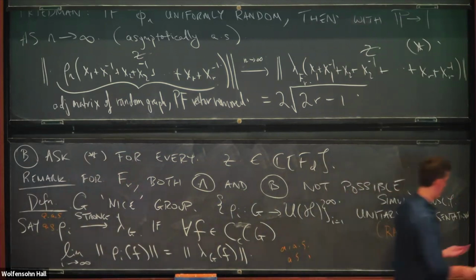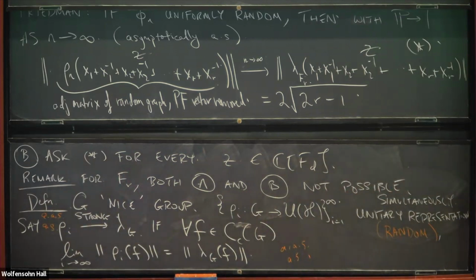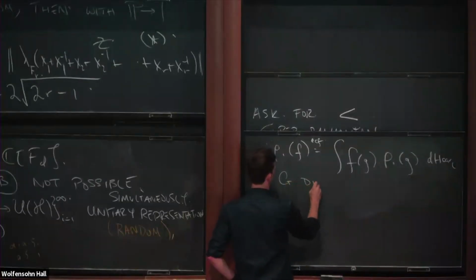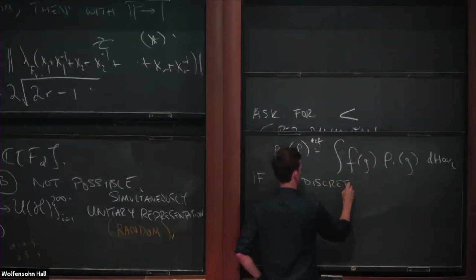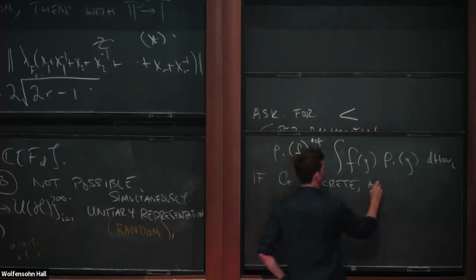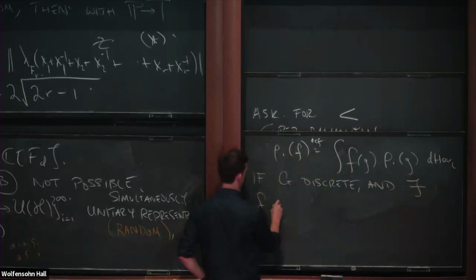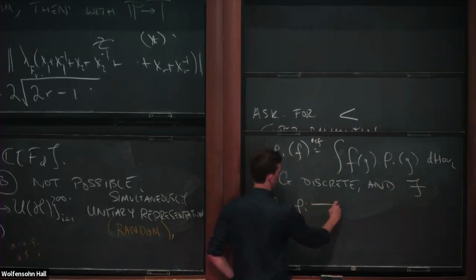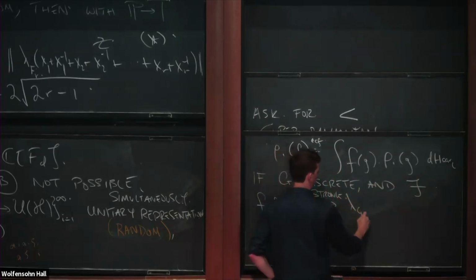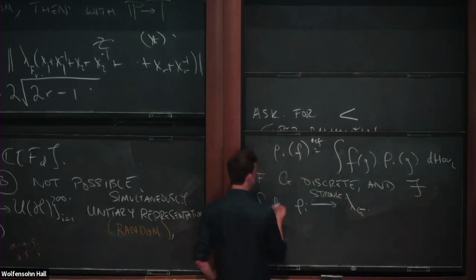So I want to make a further definition, which is just about the group. So if G is discrete, let's say, and there exist finite dimensional rho_i that strongly converge to the regular representation, lambda_G, then I have a name for this group.